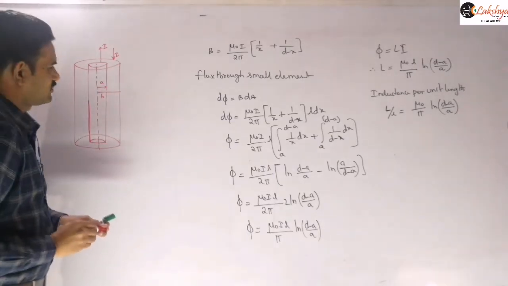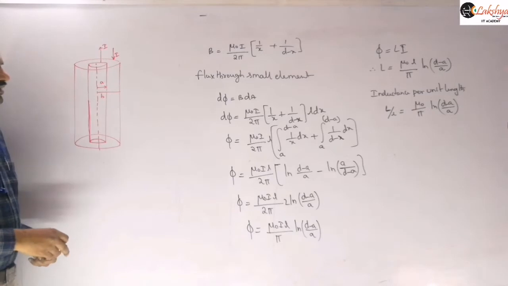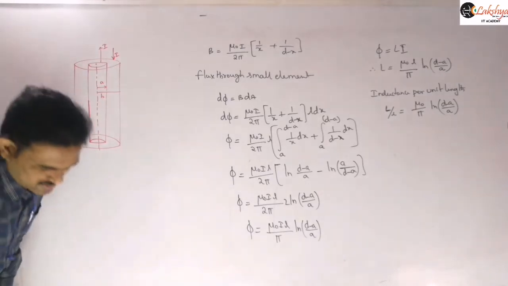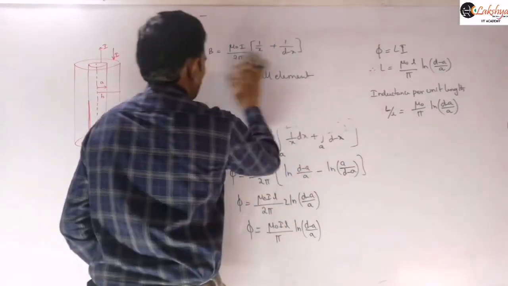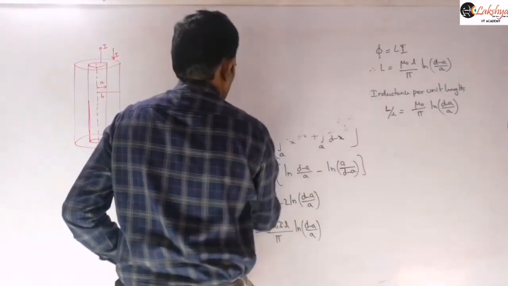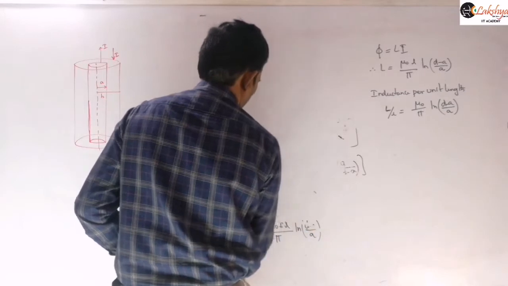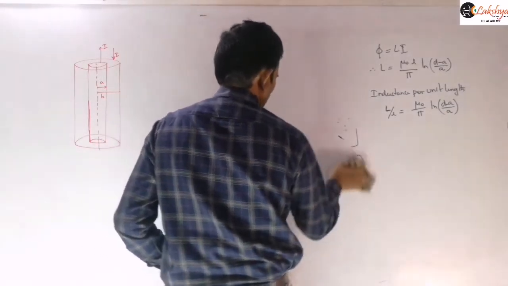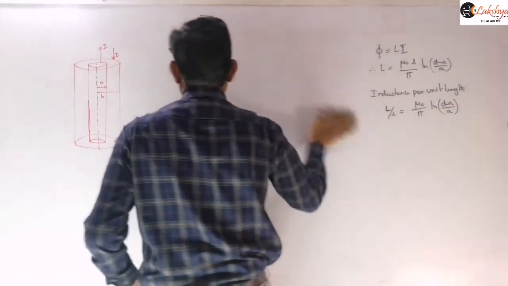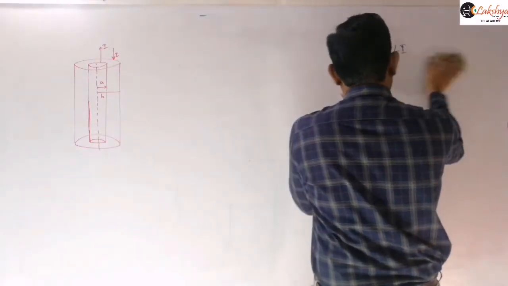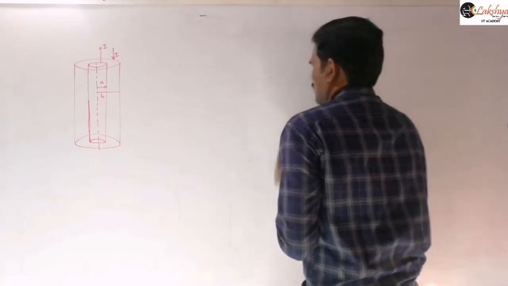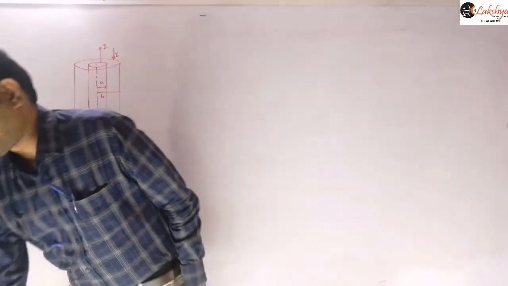So next, write that problem. Consider two coaxial long cylindrical shells carrying current I in opposite directions.